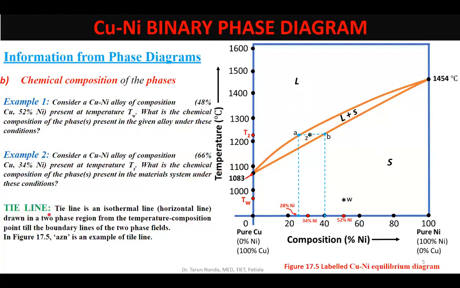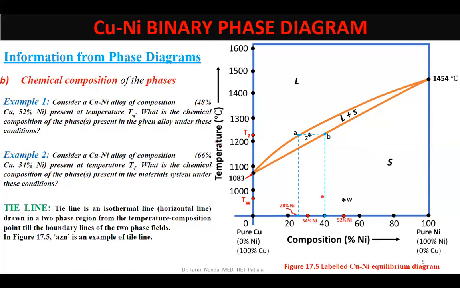So if somebody asks you when can the tie line concept be used, if there are three phases or four phases, you cannot use this tie line concept. Even if there is one phase existing in the system, there is no need of using this concept, nor can it be used. The tie line concept can be used to determine the chemical composition of the phases, but only when there are exactly two phases in the material system.